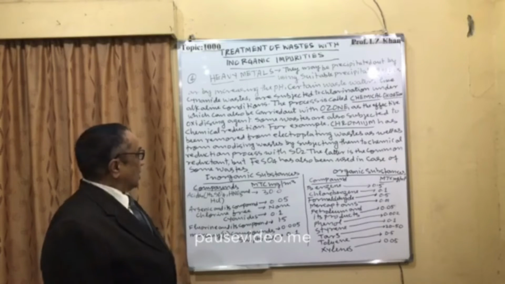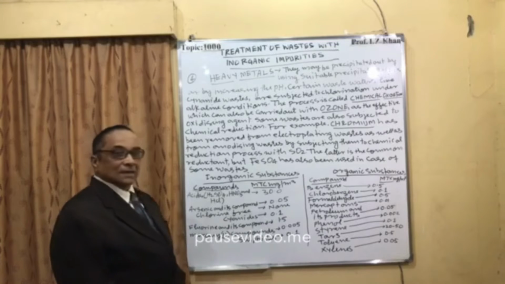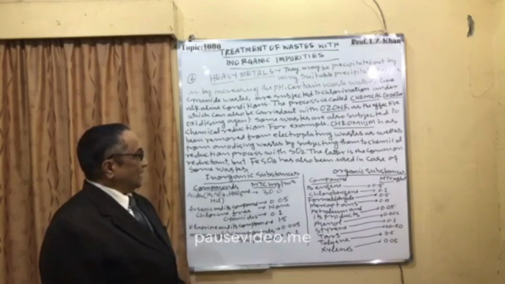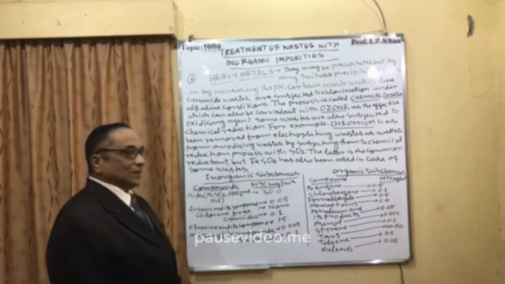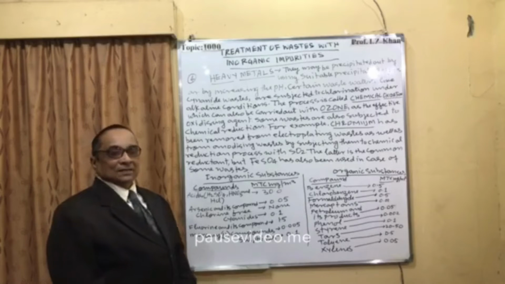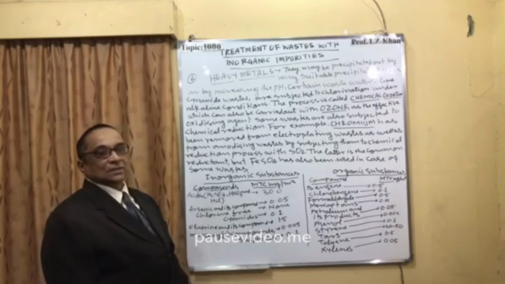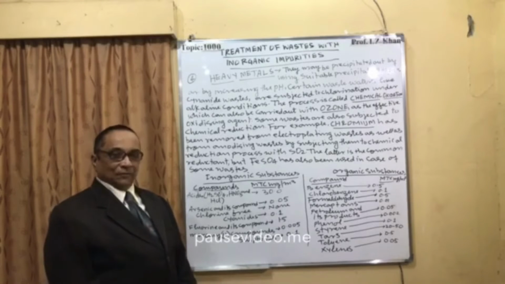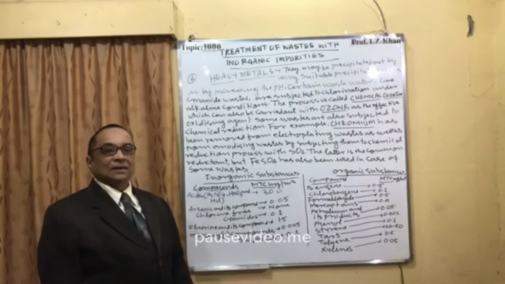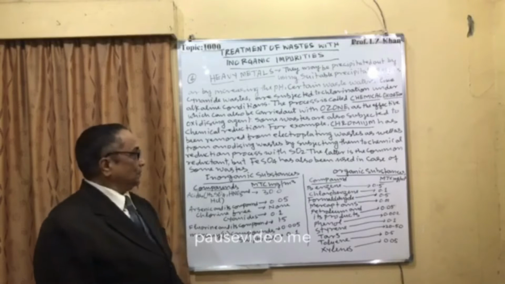The latter is a common reductant, but ferrous sulfate has also been used in the case of some waste. So generally, two types of reducing agents are used: first, sulfur dioxide, and second, ferrous sulfate.